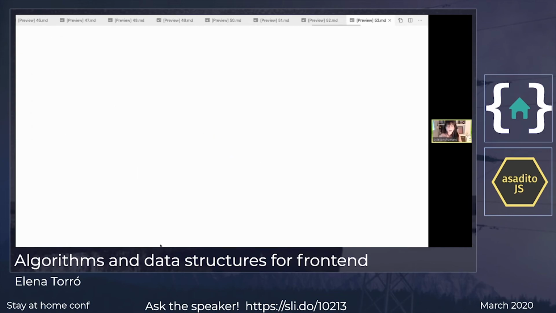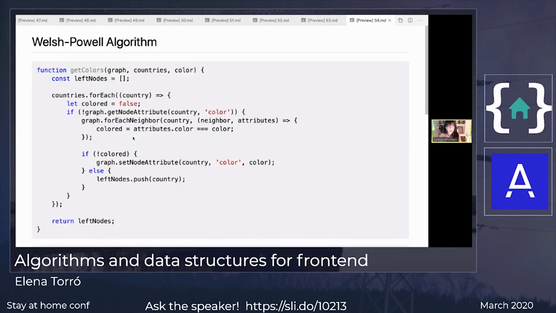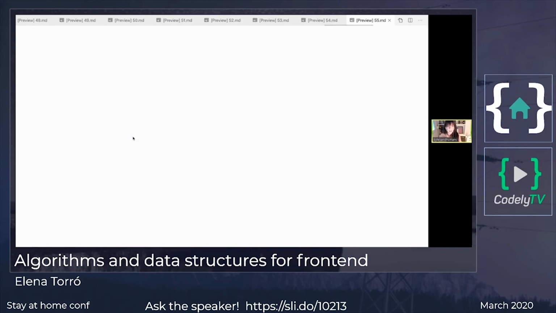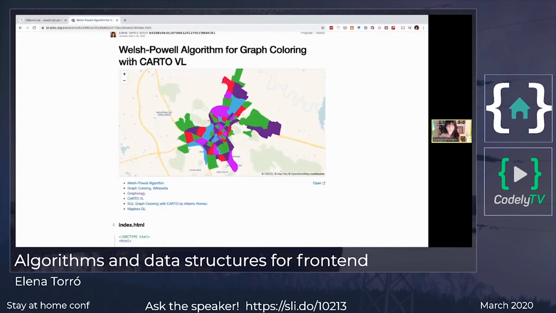Okay, so I did an example of this. In this case, I'm also using an external library called Graphology to create the graphs. And here what I've been doing is to initially set the colors to 0, so it's a way to check whether it has already been colored or not. And I'm going to show you a live demo of this using an open source library called Cartovial that we developed some months ago.